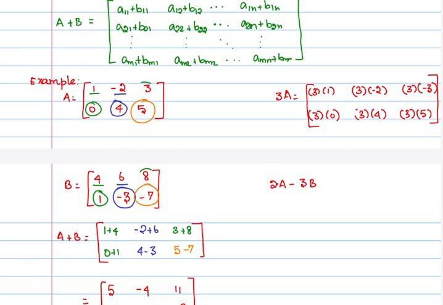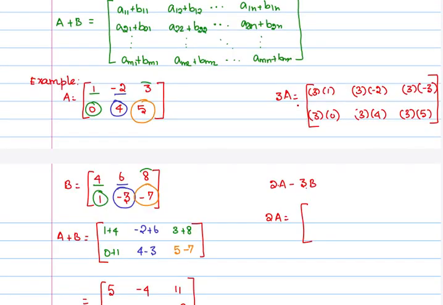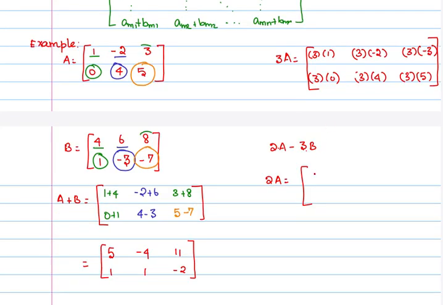That is 2 times A minus 3 times B. First I want to find 2A, using the same process. 2 times 1 is 2, 2 times minus 2 is minus 4, 2 times 3 is 6, 2 times 0 is 0, 2 times 4 is 8, 2 times 5 is 10.